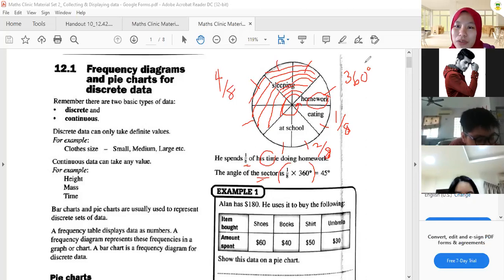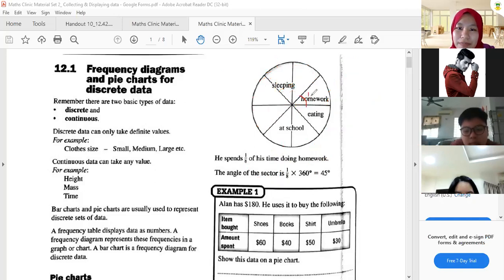You know why? Because we don't know how big we need to draw the pie chart. That's why for eating, for homework, 1 over 8, you multiply by 360 degrees. So when you place your protractor, you will see that this is 45 degrees. Here, 45 degrees. Here is also 45 degrees.